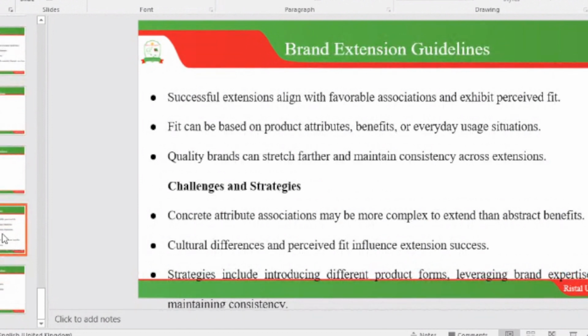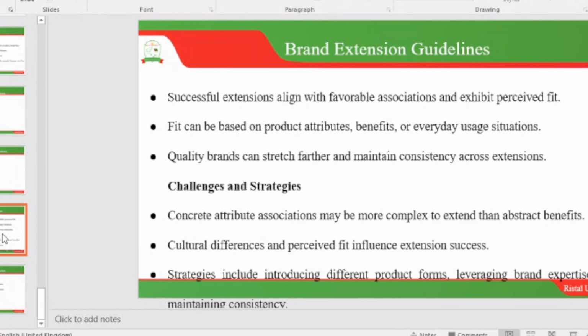So, what are some of the guidelines for brand extension? Successful extensions align with favorable association and exhibit perceived fit. Fit can be based on product attributes, benefits, or everyday usage situations. Quality brands can stretch further and maintain consistency across extensions.